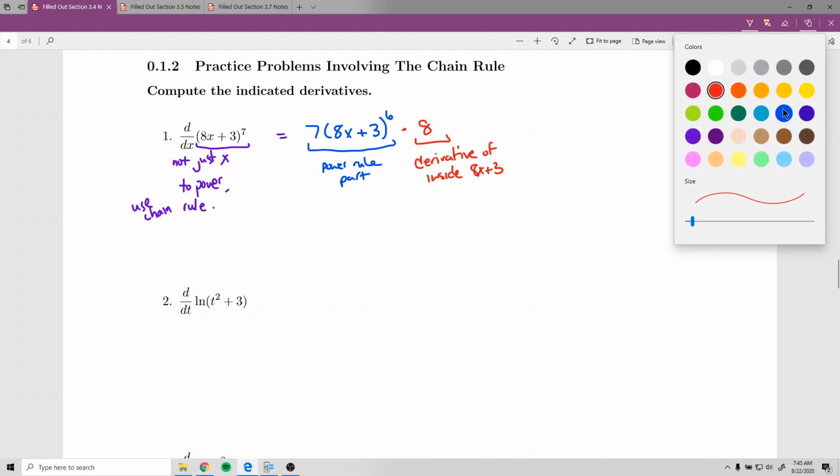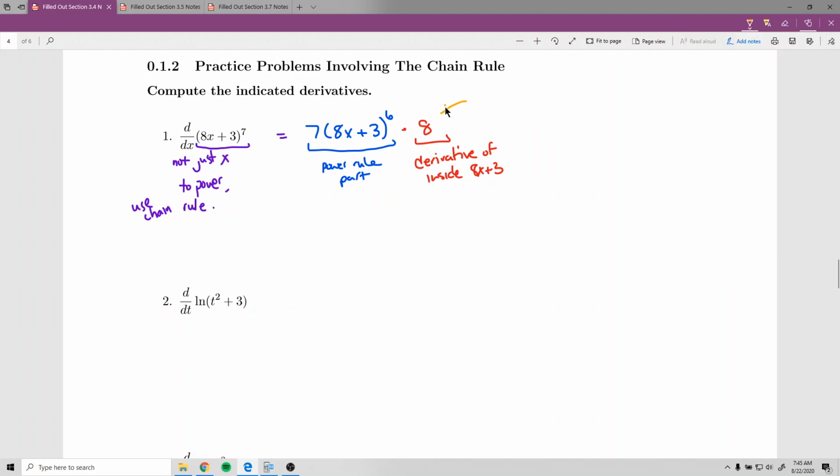Once again, I'll just point out this is the chain rule part. Now, if you can simplify, which we can, go ahead and do that just because it makes things easier. The 8 times 7 is 56.